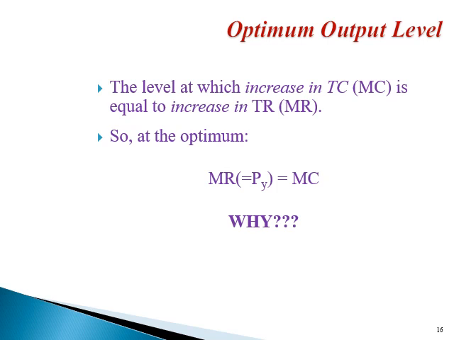And in order for you to know how much exactly you should produce, stop the level of production when you reach the level where by producing one extra unit of output, you will add to your total revenue the exact amount that you will add to your total cost. This is where you should stop producing, because if you continue production beyond this point, you will add to your total revenue an amount of money that is less than what you will add to your total cost. And as a result, profits will keep declining.